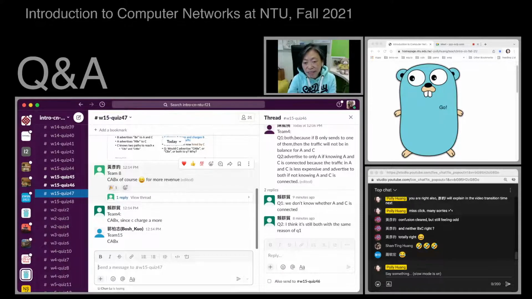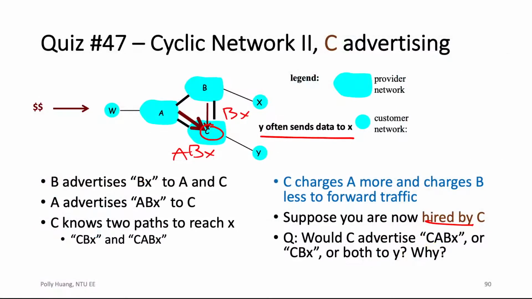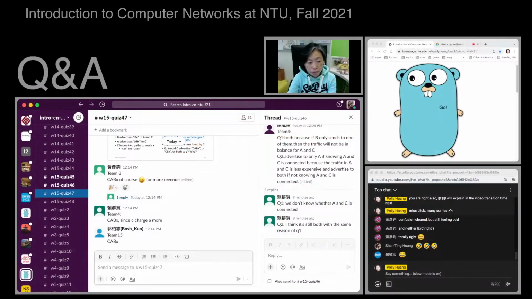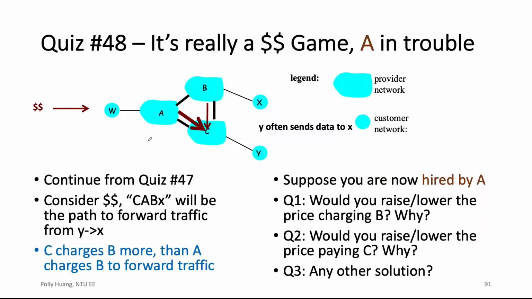Very good. And that takes us to the final quiz. Again, the scenario is continuing from quiz 47, and the point I want to make is it's really a money game.